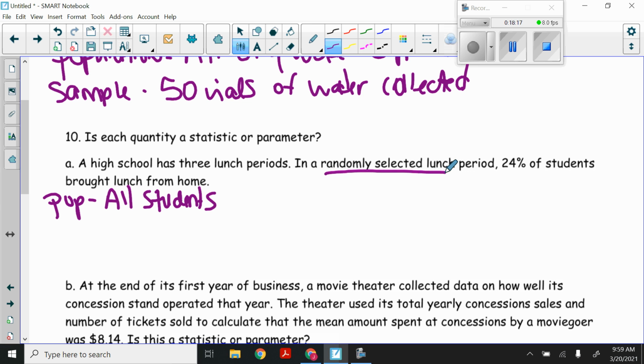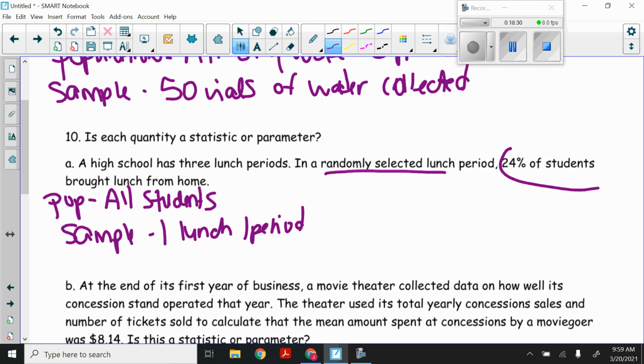And in that 1 lunch period, they took a sample, right? And in that 1 lunch period, 24% of students brought lunch from home. Since they only looked at a sample of the population, that is a statistic. So therefore, this is a statistic.